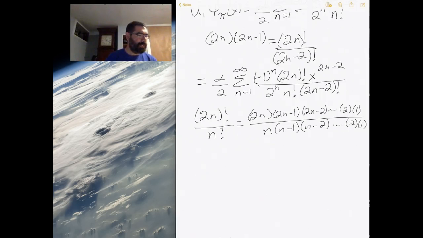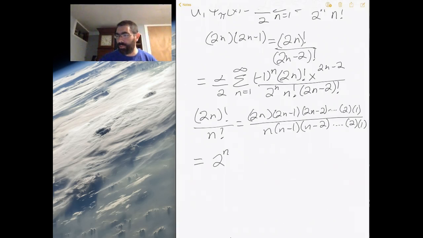So if I think about it, I can clean this up a little bit by basically factoring out a bunch of 2's. So actually I would factor out n of them.